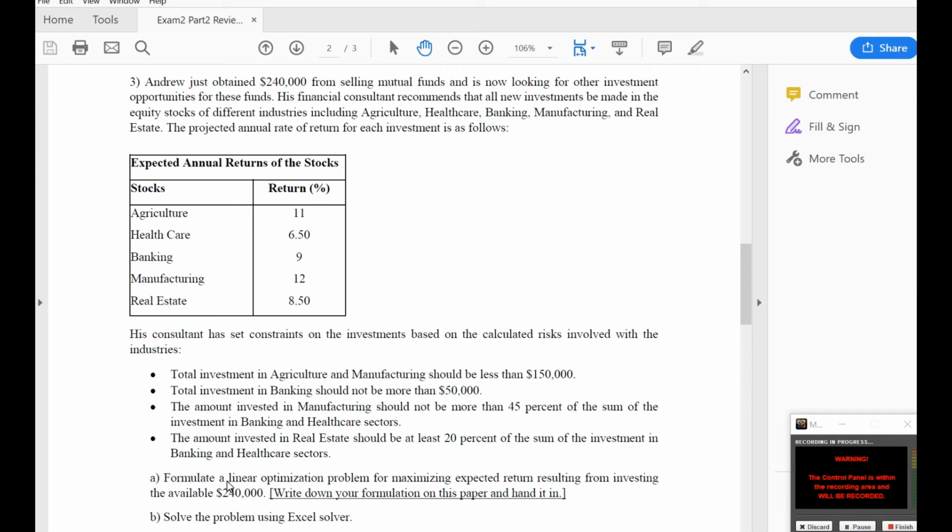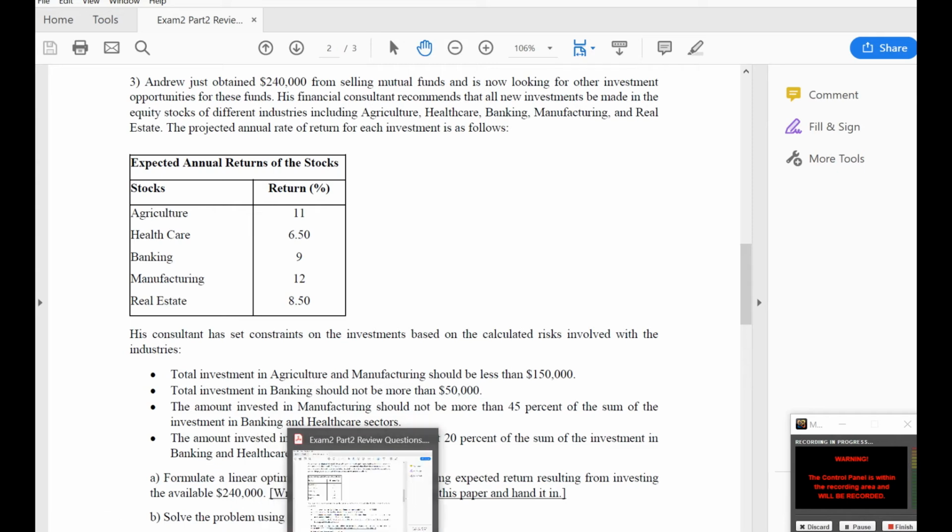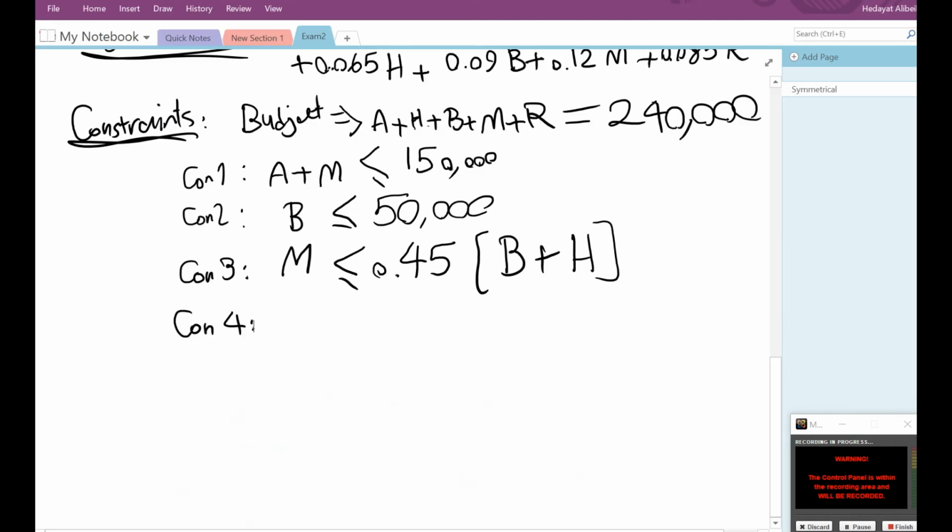So real estate should be greater than or equal to 20% of the total investment in banking and healthcare.